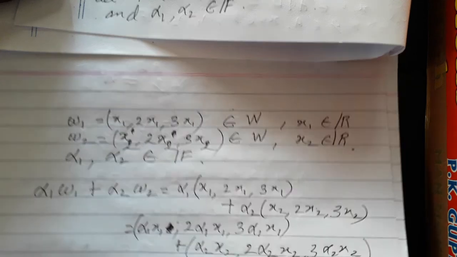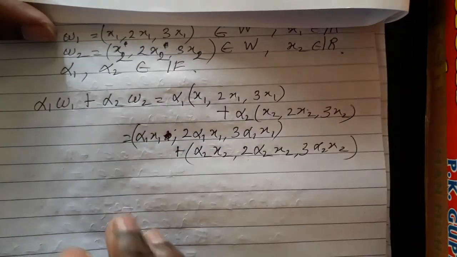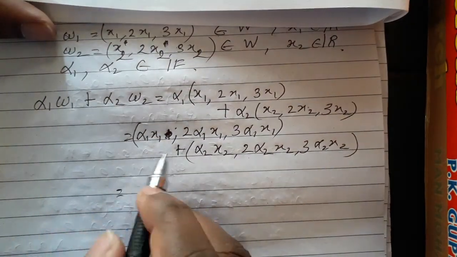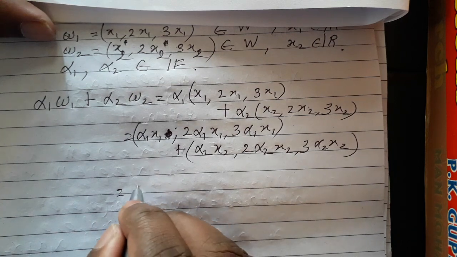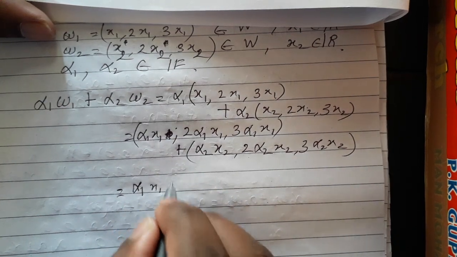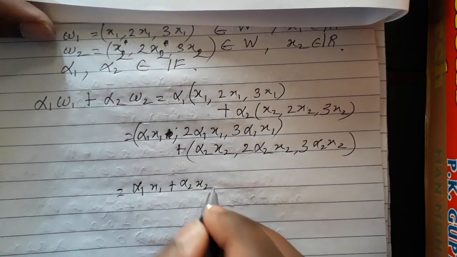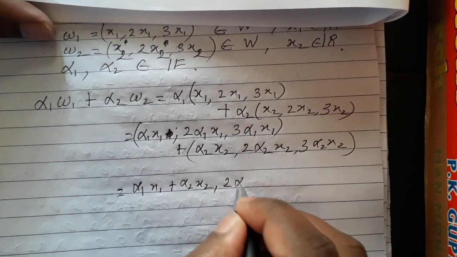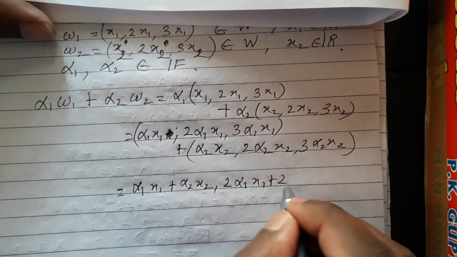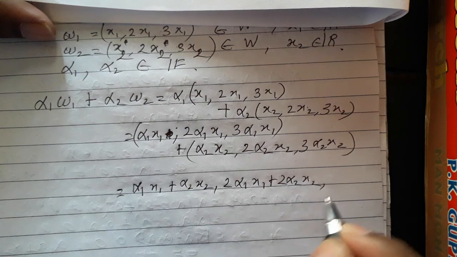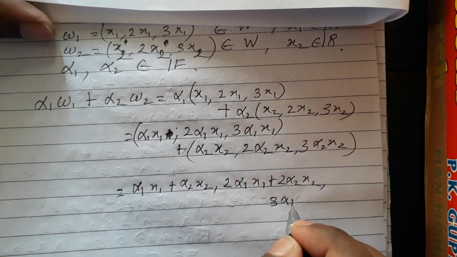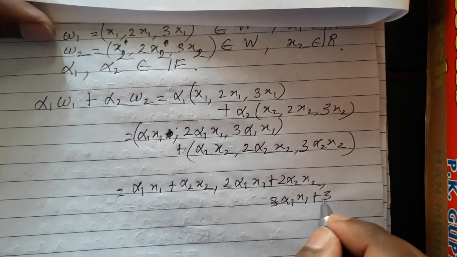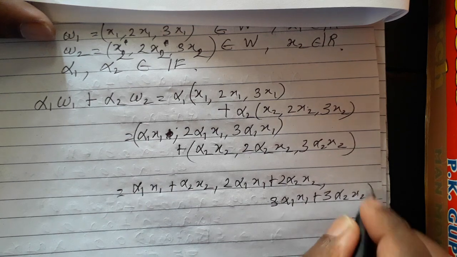We get this, and from here if we add coordinate-wise, we get alpha 1 x1 plus alpha 2 x2, comma 2 alpha 1 x1 plus 2 alpha 2 x2, then 3 alpha 1 x1 plus 3 alpha 2 x2.